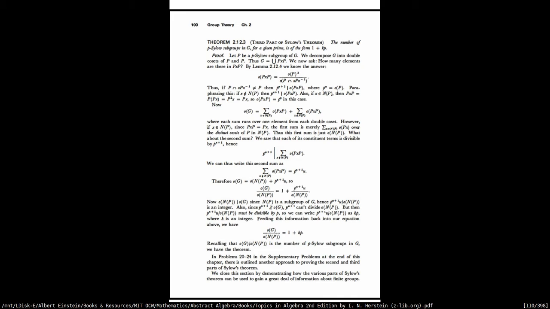The normalizer is all the elements that commute with P, right? So that would make P normal in its normalizer. But is it true that the normalizer is a normal subgroup of G? Or is that the part that's not necessarily true?